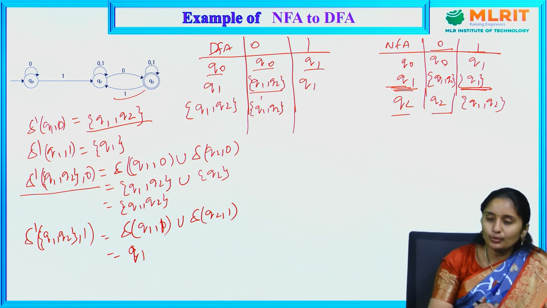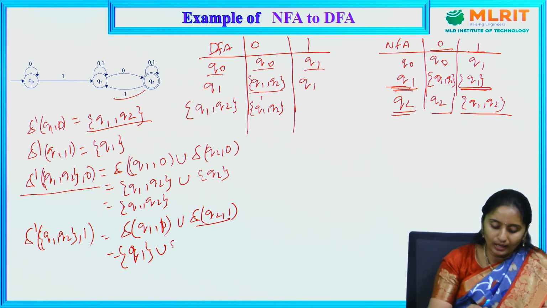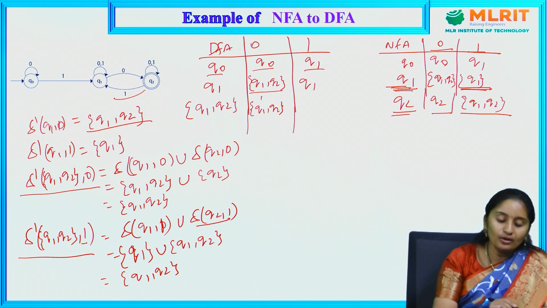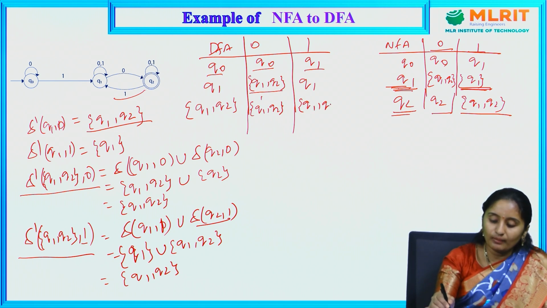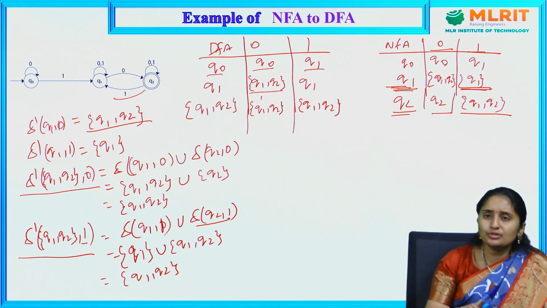Q1, union Q2 on 1, I have Q1, Q2. So what is common is Q1, Q2. So delta dash of Q1, Q2 on 1 input gives me Q1, Q2. Check if any new states arrive. No new states are there.